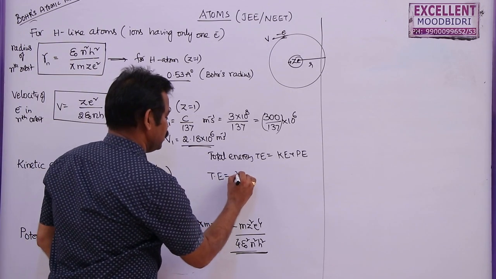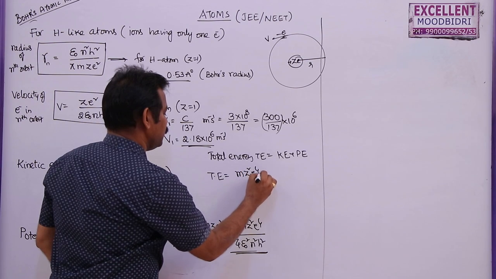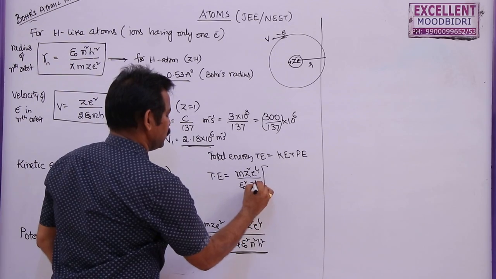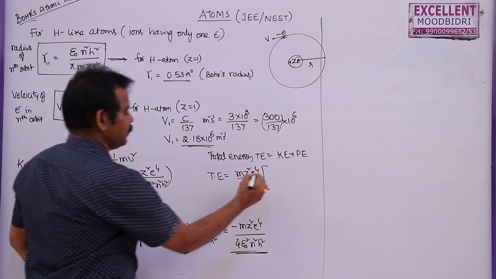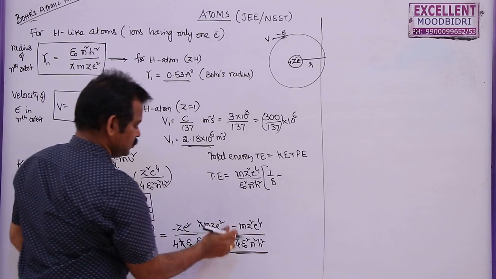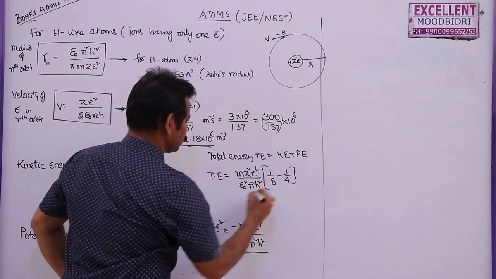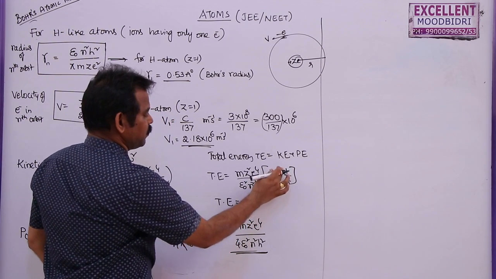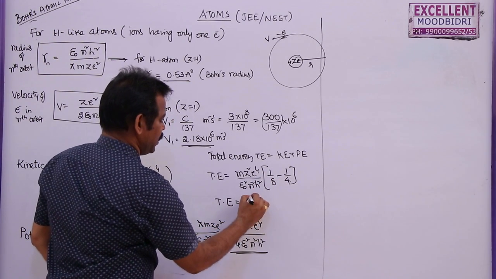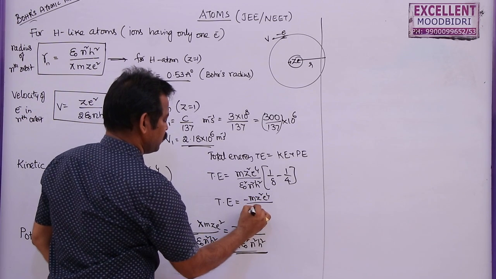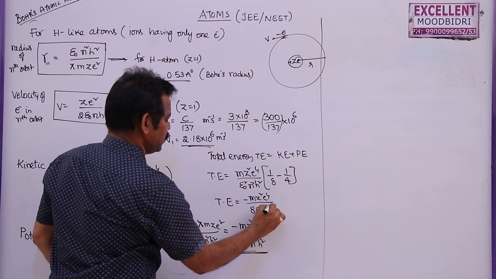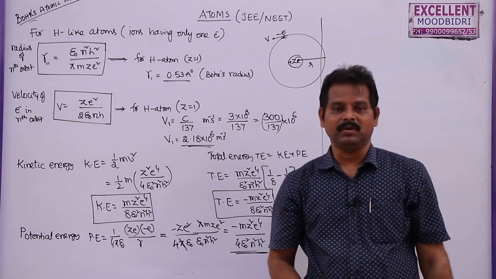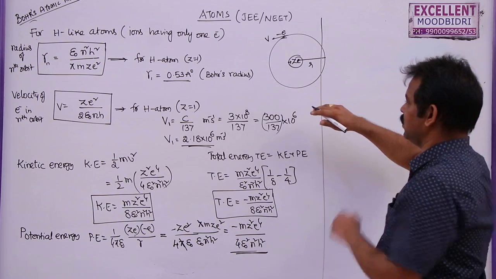So I am going to take this common, and the remaining terms are 1 by 8 minus 1 by 4. So 1 by 8 minus 1 by 4 will become minus 1 by 8. The total energy of the electron is minus m Z square e power 4 by 8 epsilon naught square n square h square. This is the total energy of an electron that is orbiting in any circular orbit of an atom.